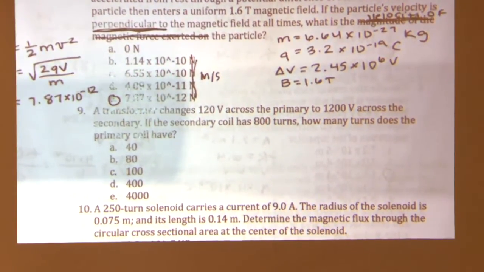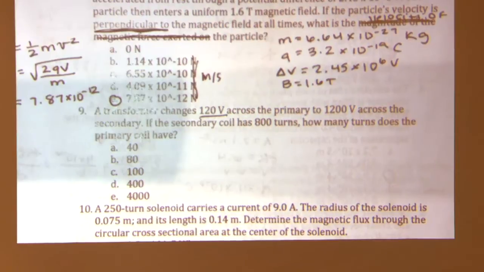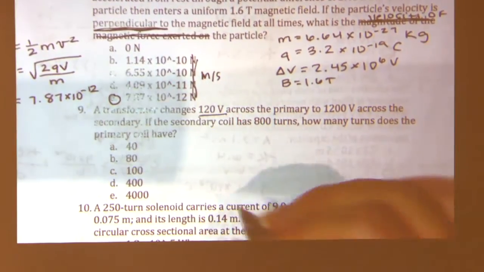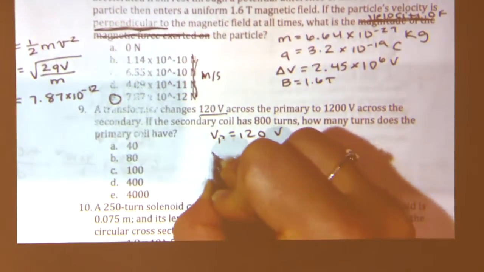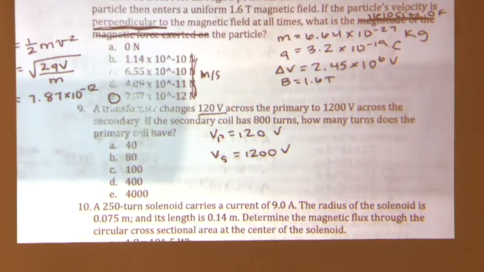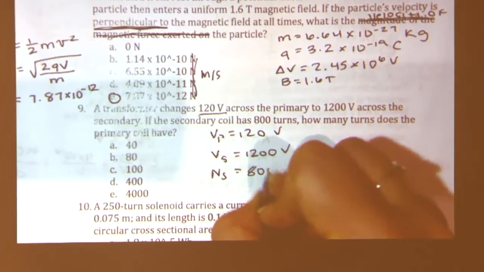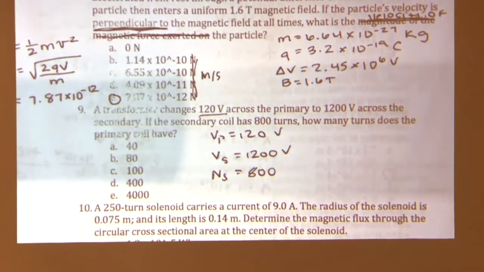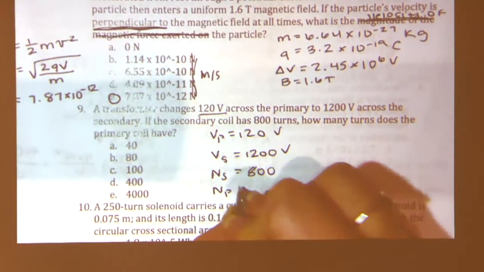So number 9, a transformer changes 120 volts across the primary to 1200 volts across the secondary. So that means V primary is 120, V secondary is 1200. If the secondary coil has 800 turns, so we know NS is equal to 800, how many turns does the primary coil have? So we're looking for NP.